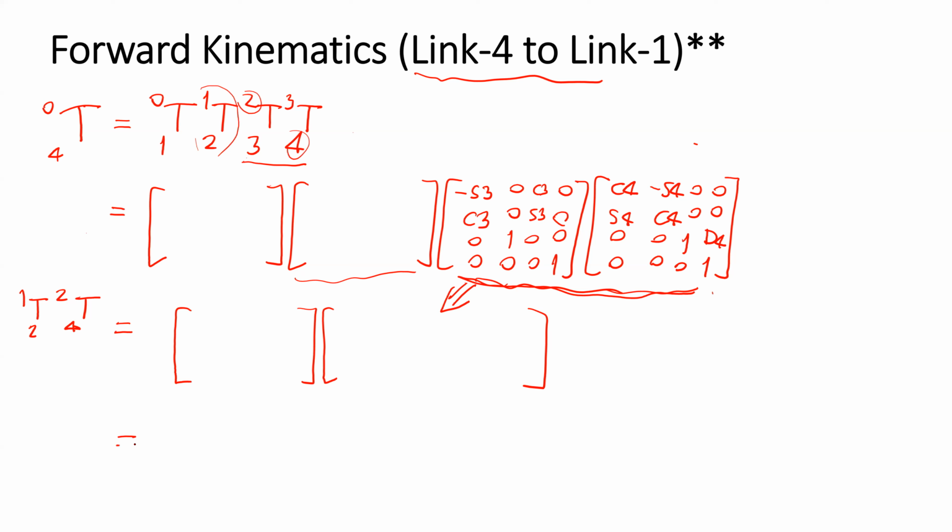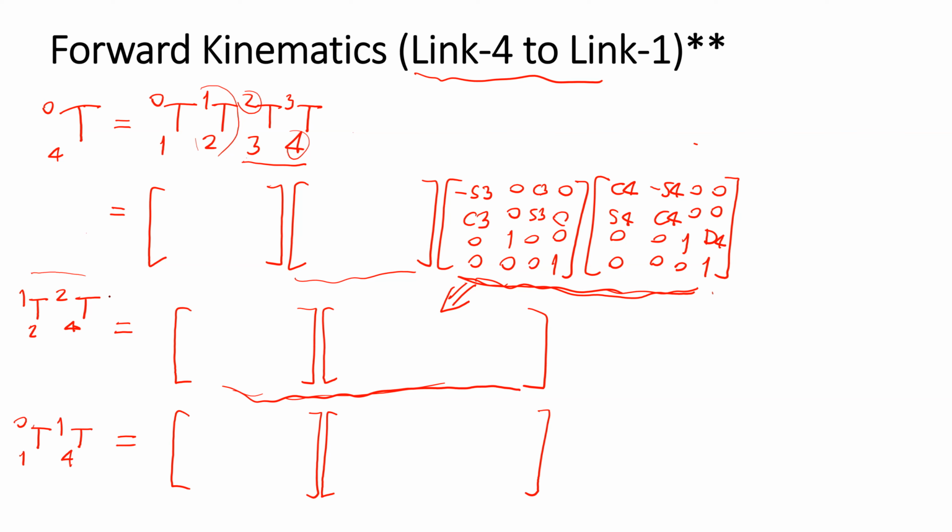And when we have the product of this, the last step is T1 per 0 and T4 per 1. The product of the 2 per 1 and 4 per 2, we will have 4 per 1, right? It will be this one. And then we have the total one, 4 per 0.